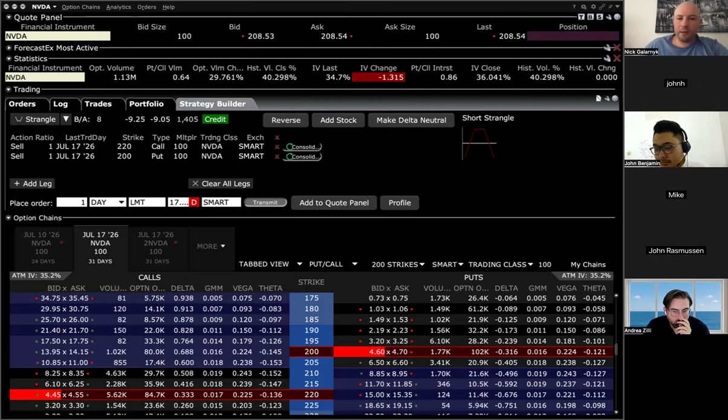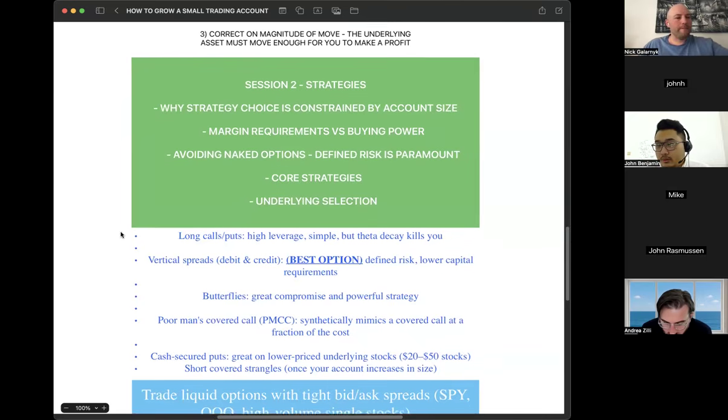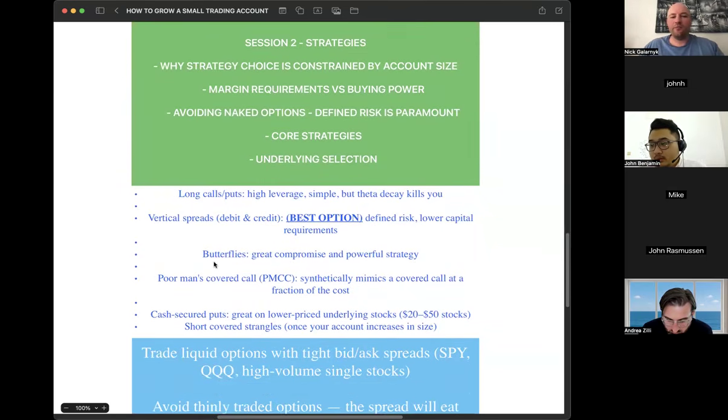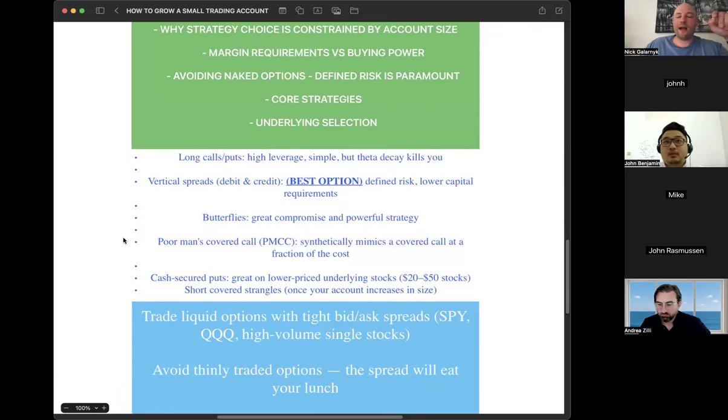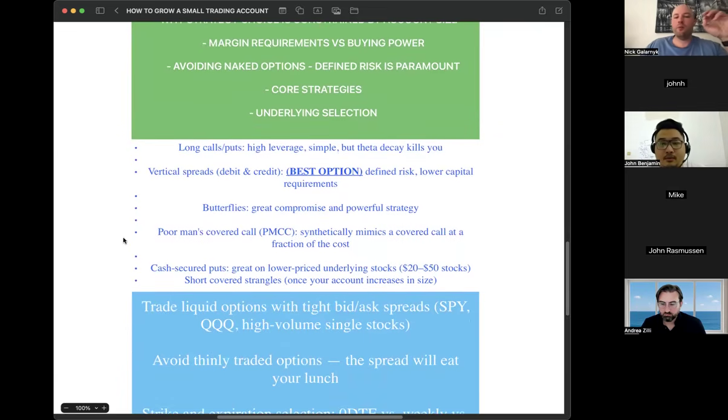Now, beyond that, the last thing I wanted to mention before we take some Q&A was liquidity, right? We focused on all these different strategies, but the important thing is you want to use these strategies only on liquid options where you have very tight bid-ask spreads, like SPY, triple Qs, NVIDIA, Tesla, whatever. Any names that have high volume trading on the underlying asset.